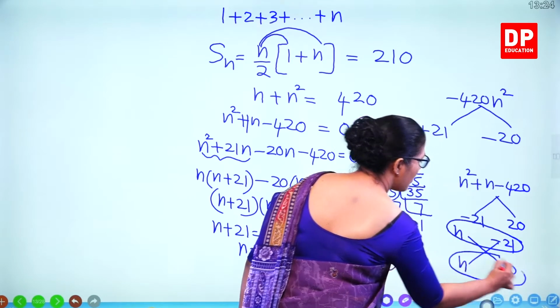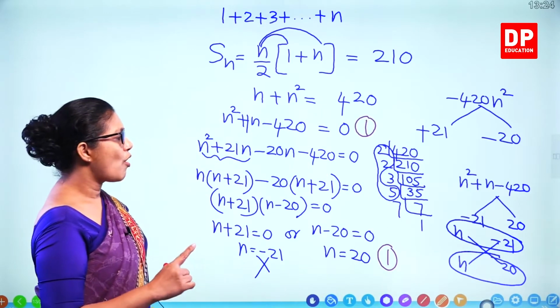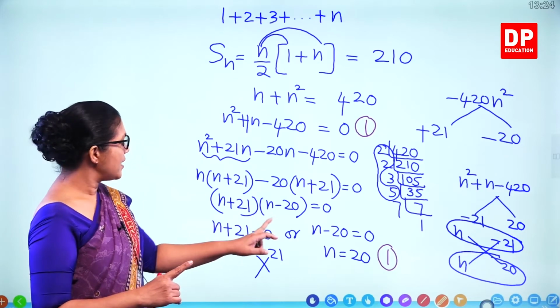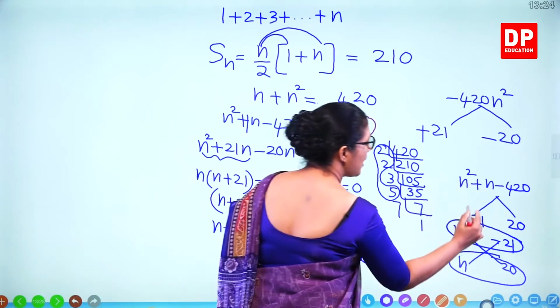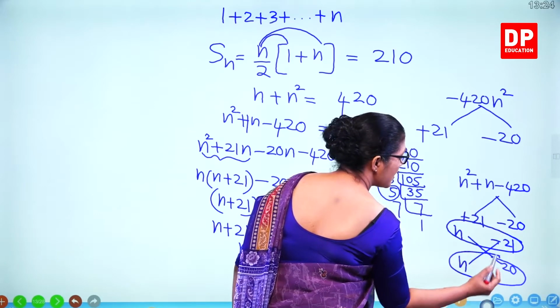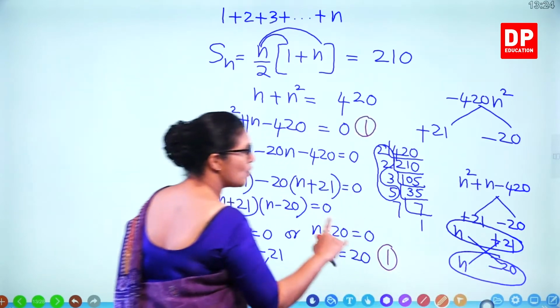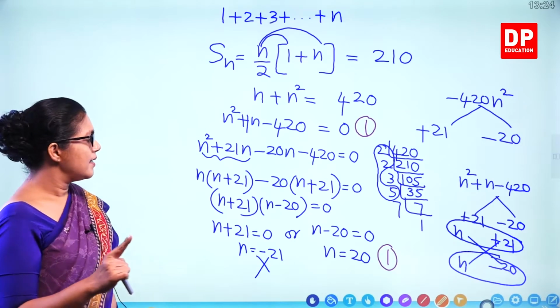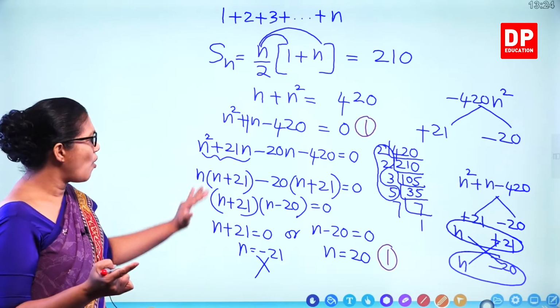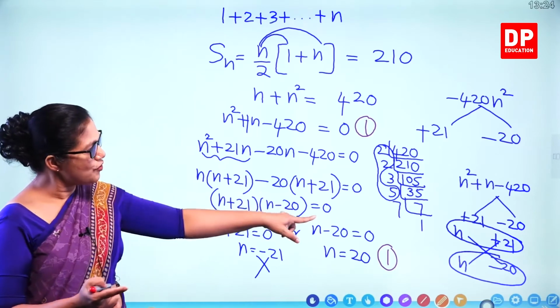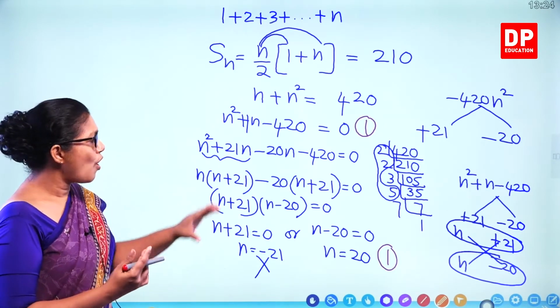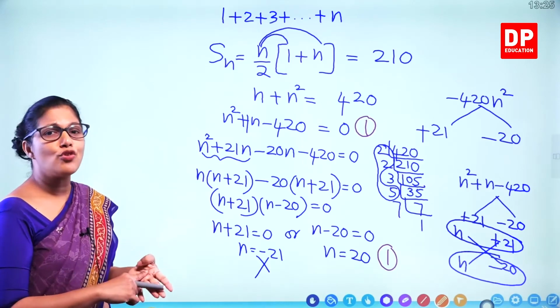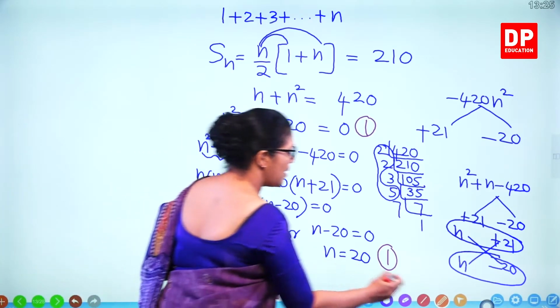You can write down the factors horizontally. n minus 21. Here to get plus, this should be plus and this is minus. So n plus 21 and n minus 20. So without writing these steps, you can straight away write down the factors because they are not giving marks for these steps, because within 2 minutes you have to complete the answer.